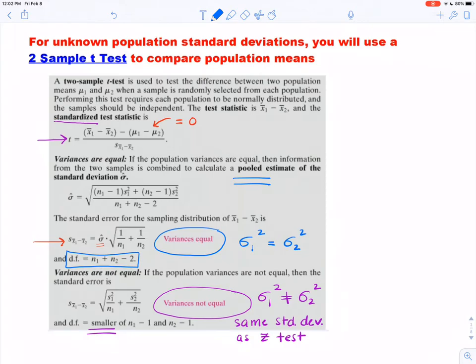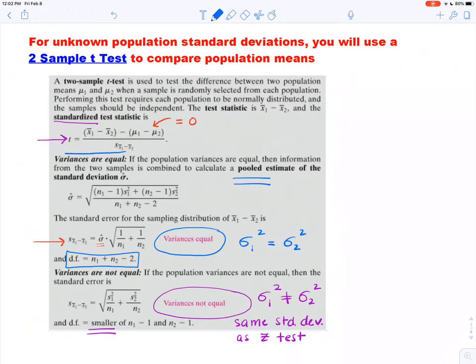All right, now, as far as your standardized test statistic here, you're going to have two cases. And what you're going to look at to determine which one you use, although you don't know the population variances, you do have to have some information to compare them. So you're going to look at two cases.